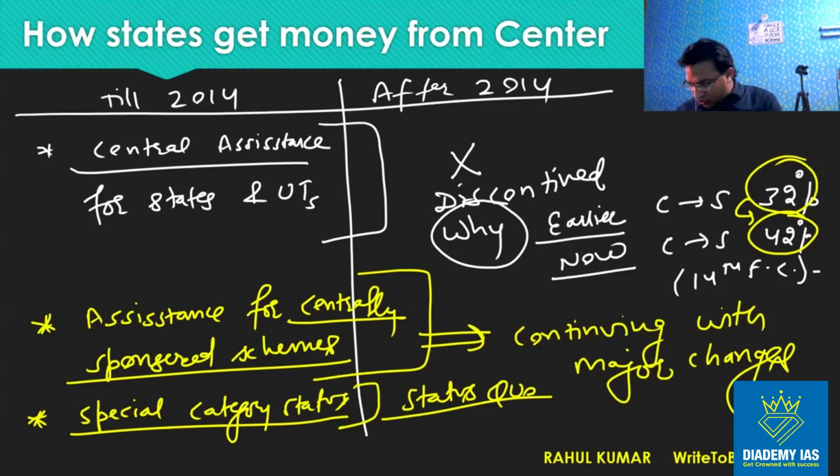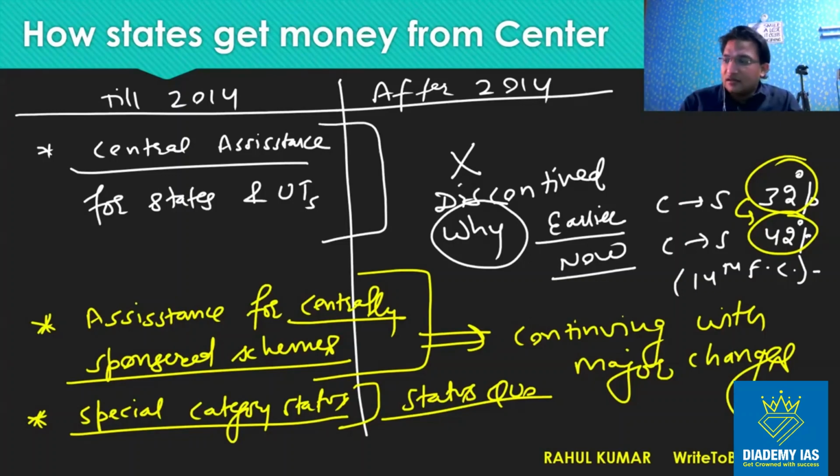We have discontinued this concept for the future, but those states which obtain the status of special category status, they will continue with this status. वो इस status से आपने continue करेंगे, ठीक है?